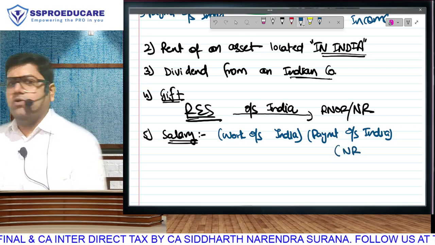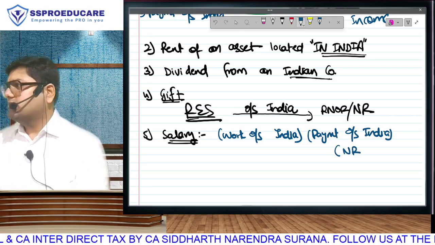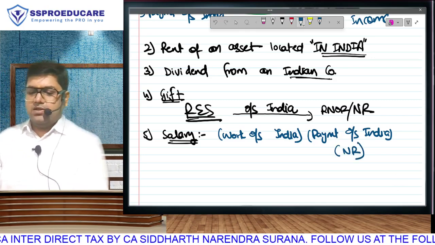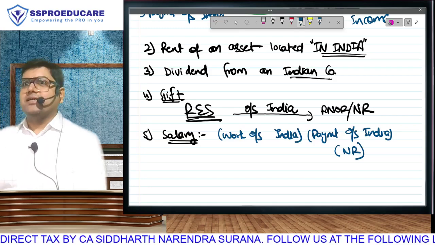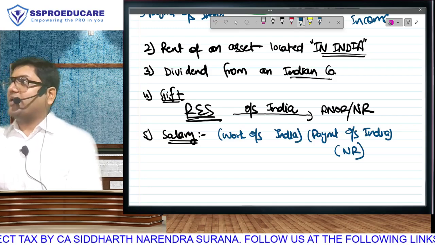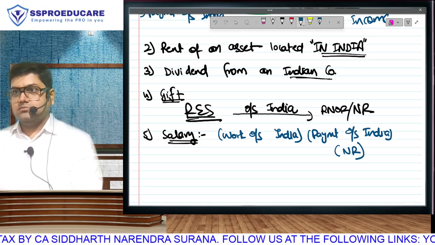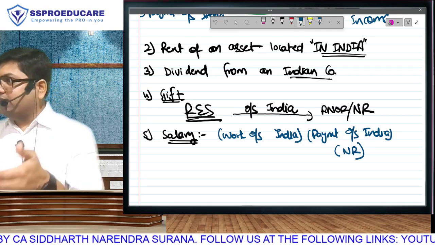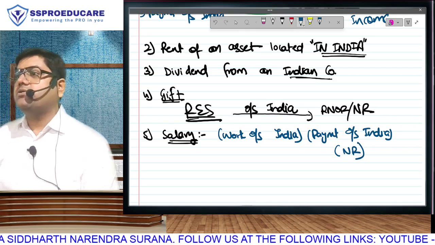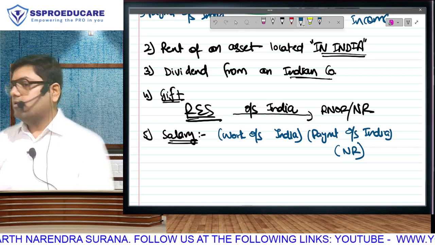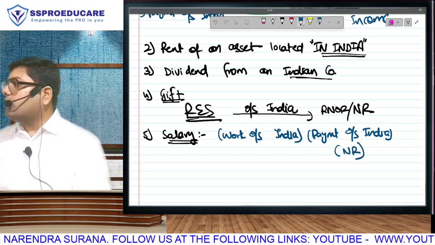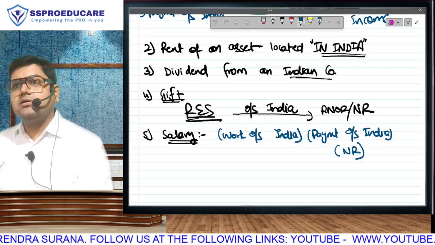You can write RNOR also, but our main target is non-resident. That means, do you realize everything has happened outside India? Salary as an income normally will accrue at the place where you work. Think about it. Wherever you work will be the place which is giving rise to your salary income. But in this case, the work was done outside India. That means all throughout there is no Indian connection, clearly.